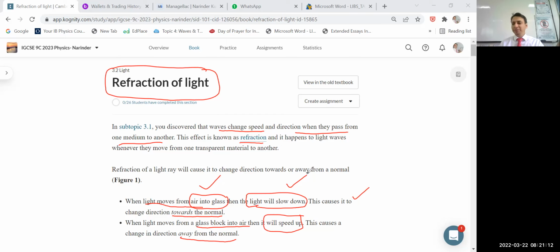Apart from air, if it entered into any other medium, it slowed down. You know what is the speed of light? 3 times 10 to the power 8 meter per second. 3 times 10 to the power 8 meter per second is the speed of light.